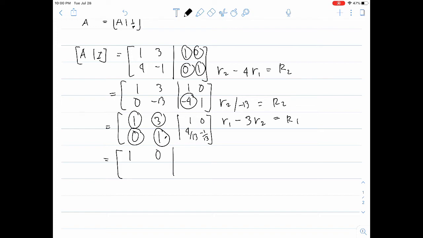Then 1 minus 3 times 4 over 13 is 1 over 13. Then 0 minus 3 times negative 1 over 13 is just positive 3 over 13. Then the rest, kopyahon na lang.